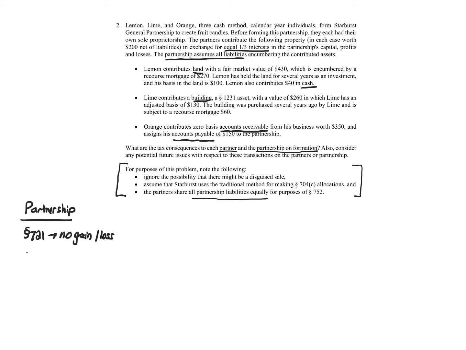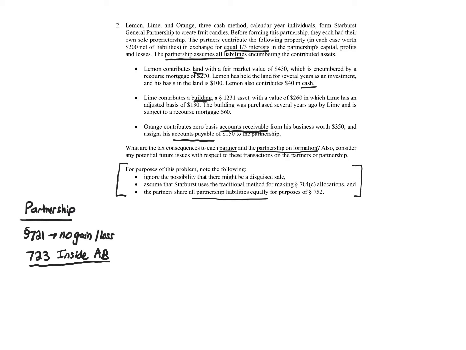With respect to the inside basis, inside adjusted basis. Now again, in problem 1, we actually created a balance sheet, and you can do the same thing in this problem. The key difference is that now we have liabilities that the partnership has to record, and of course that goes into the accounting equation, right? Assets equal liabilities plus owner's equity or capital.